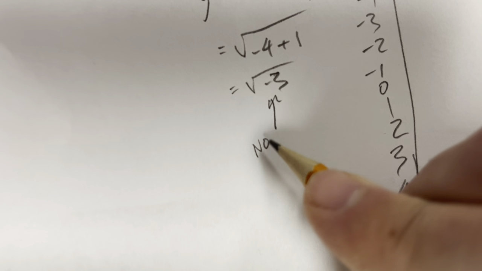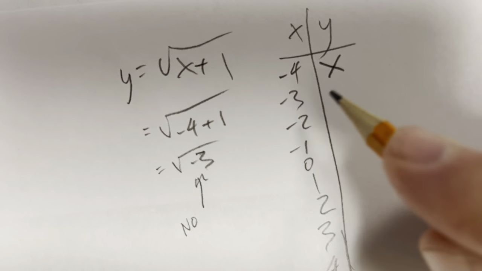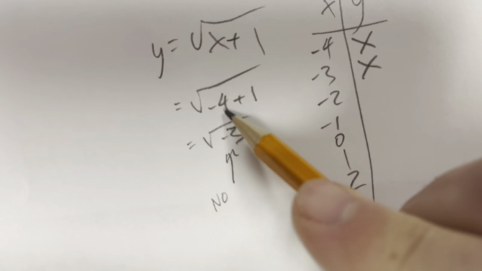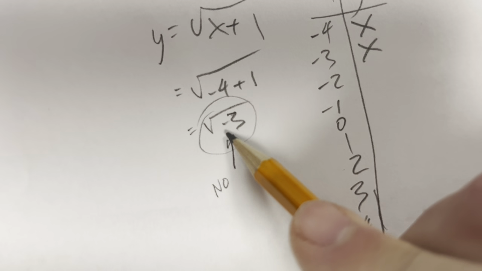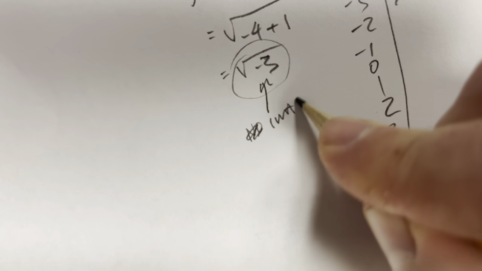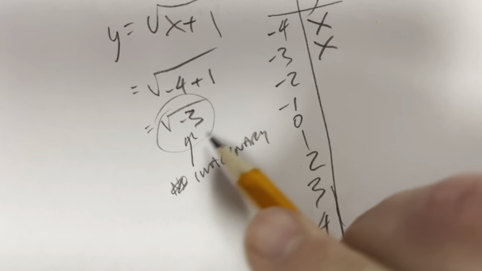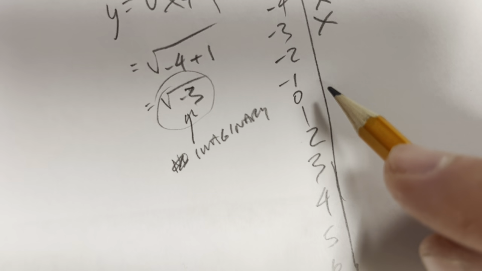So you won't have a y value for this. If this is negative in here, it's an imaginary number, and so you won't have a y value for it.